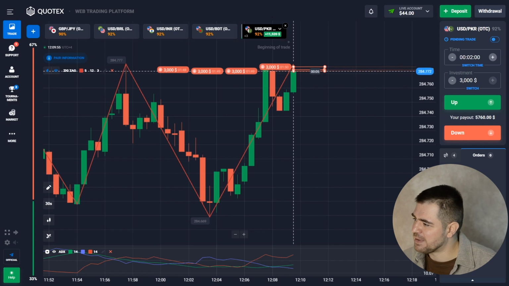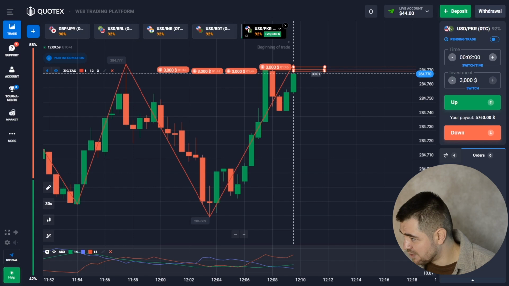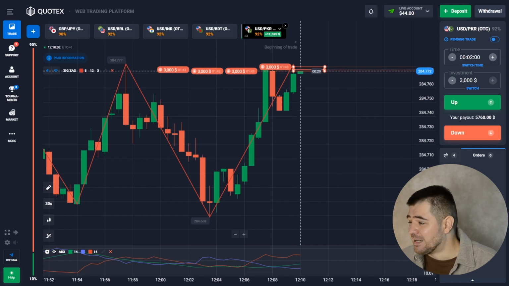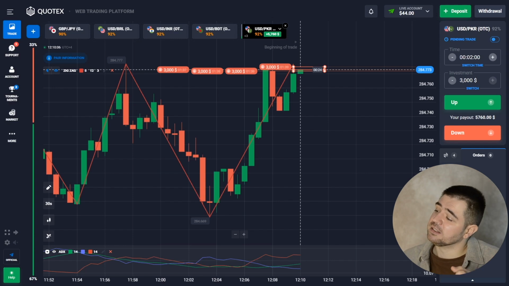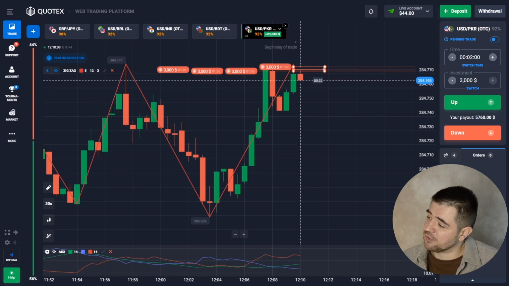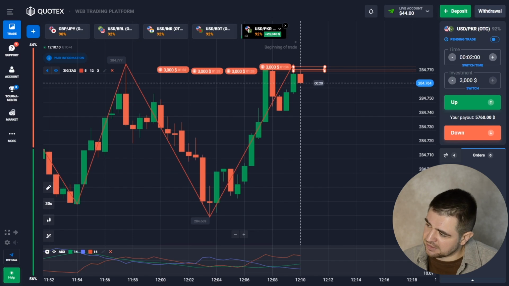Basically, I'm expecting another bouncing off this ceiling, the resistance level, and then going down for an even bigger pullback here.